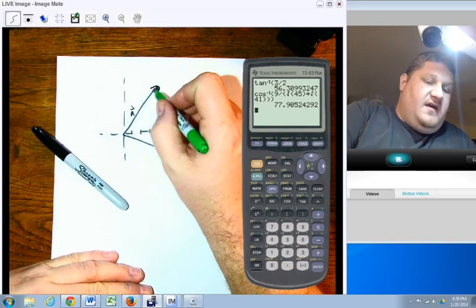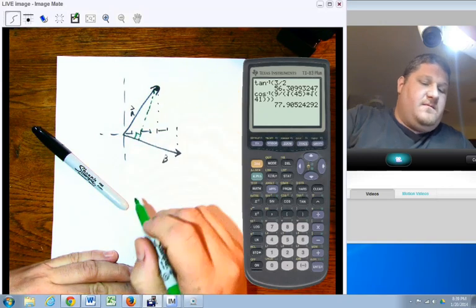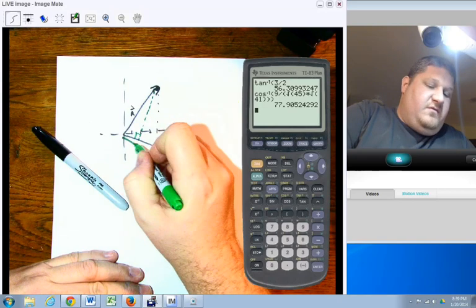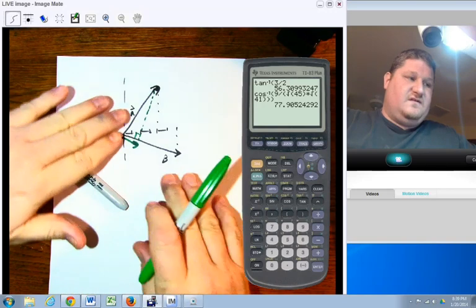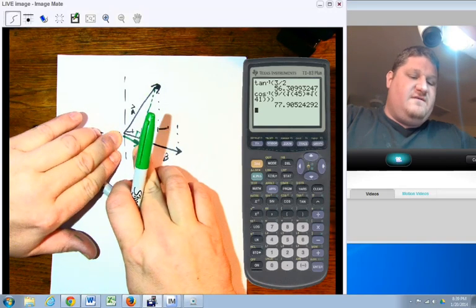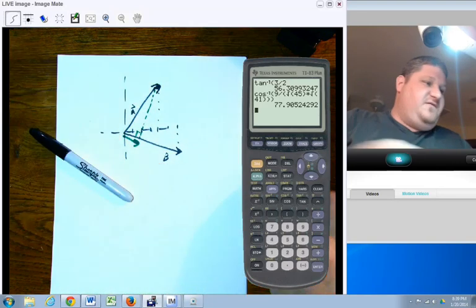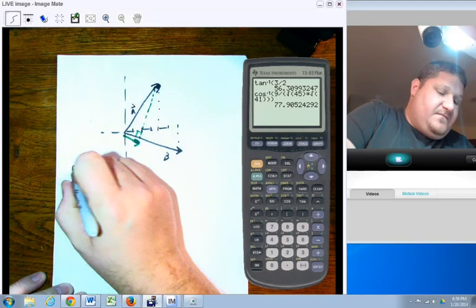Well, if we were to drop a line perpendicular, this would be the vertical component of A, and this would be the horizontal component of A. Now, it's not truly horizontal because it's not oriented on an x-axis, but it's the portion of the vector that goes with B. To find that, we need to do what's called a projection.